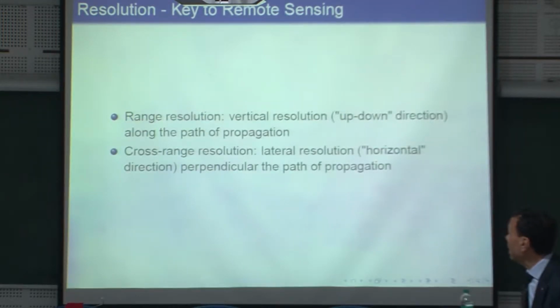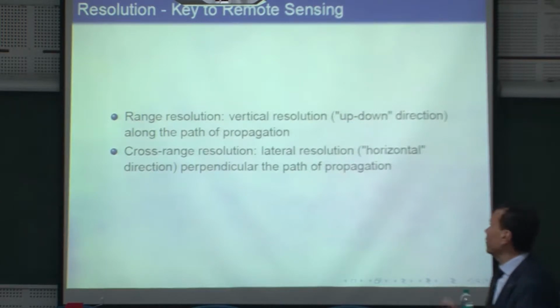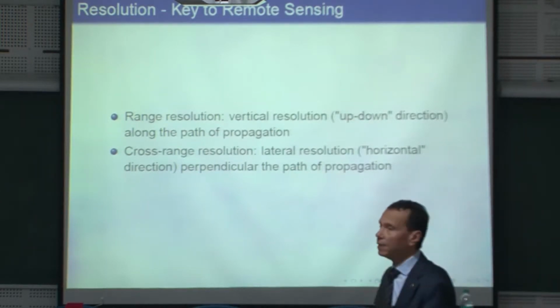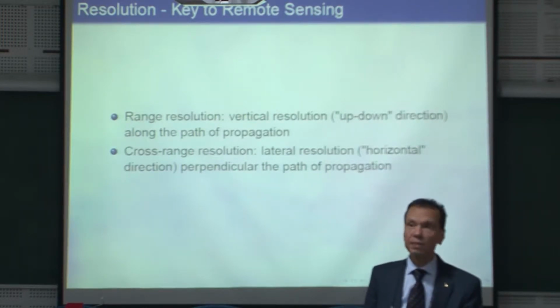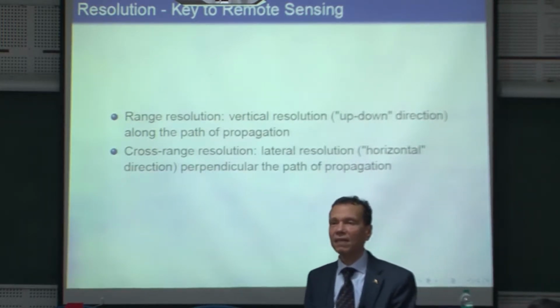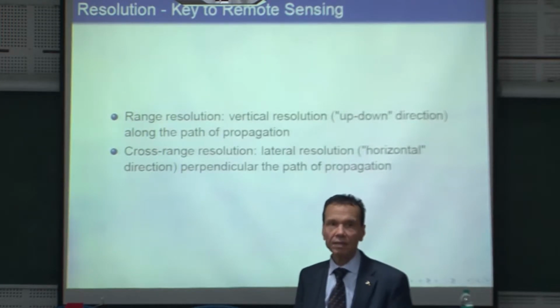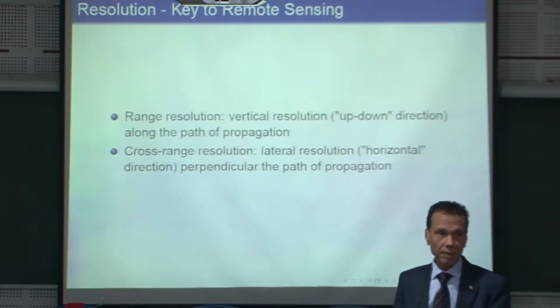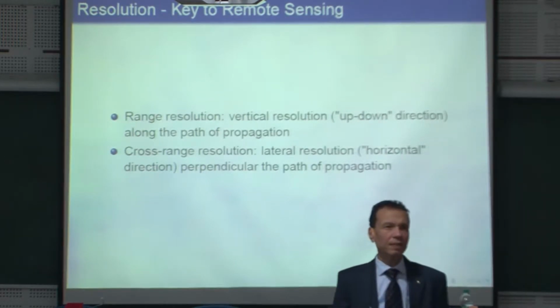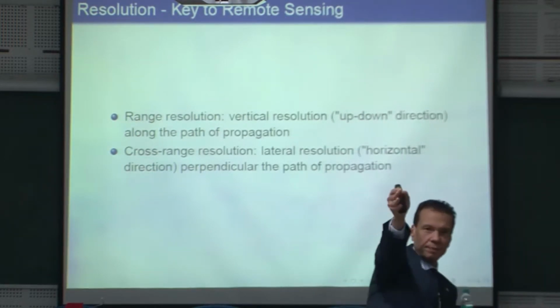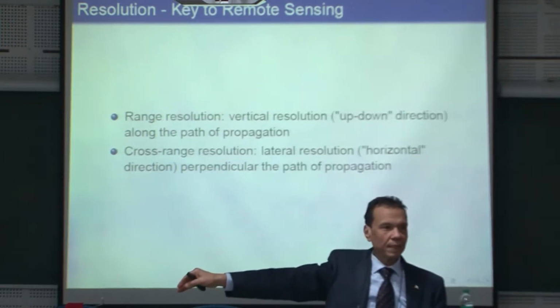Okay, in the same context of ground penetrating radar, we distinguish between range resolution, which we considered in lots of detail the last couple of days. This is the depth resolution. It's called range resolution in the radar community, because in radar you have the range and you have the cross range.